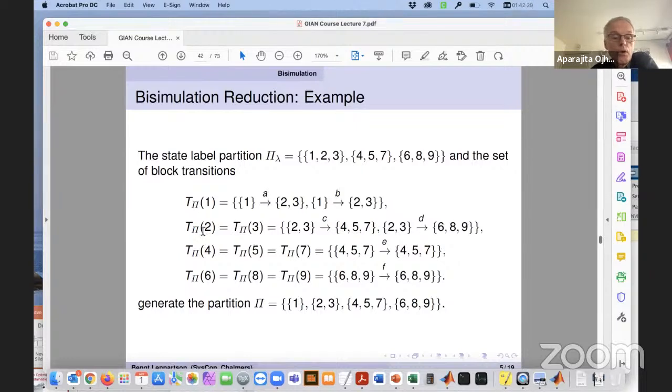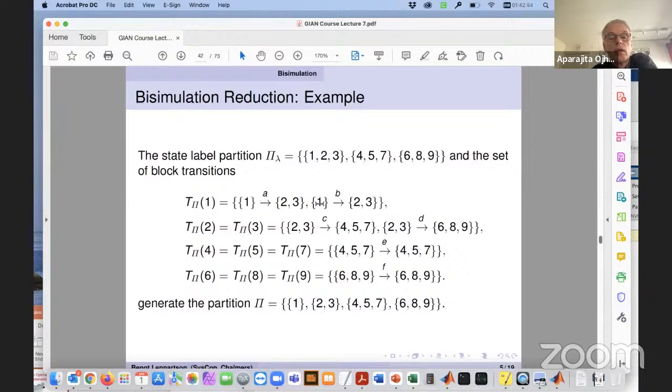But the thing is that both state 2 and 3 have the same 2 alternatives. So both alternatives are included in both 2 and 3. And that's why you can join them. And the block transition for 1 is simply 1 to 2,3 with an A.